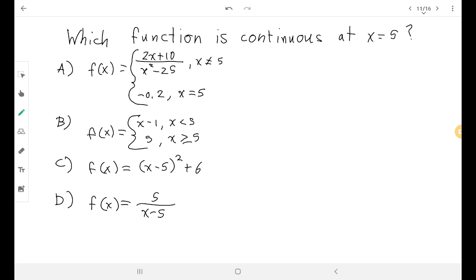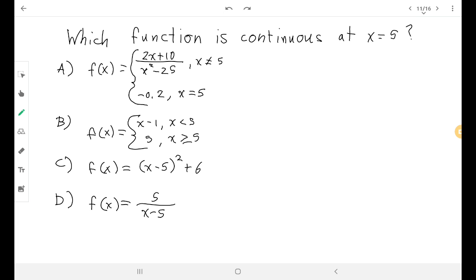All right. Which function is continuous at x equals 5? So we're looking for ones where there's no discontinuity at x equals 5. No jumps, no holes, no asymptotes, none of that. Okay? So if you look at A, it at least appears that there should be a jump discontinuity, right?